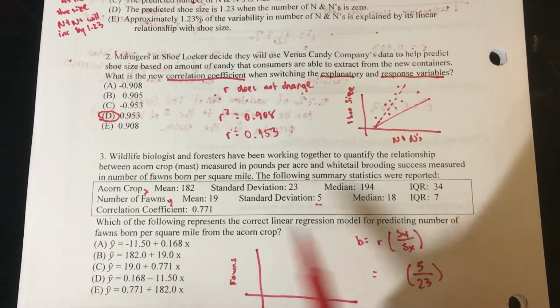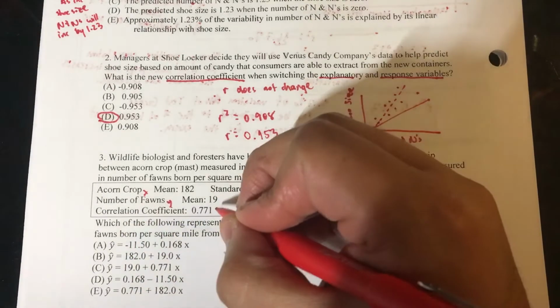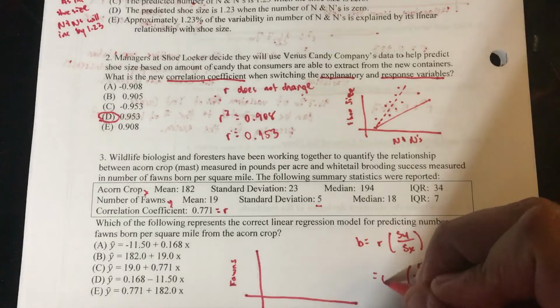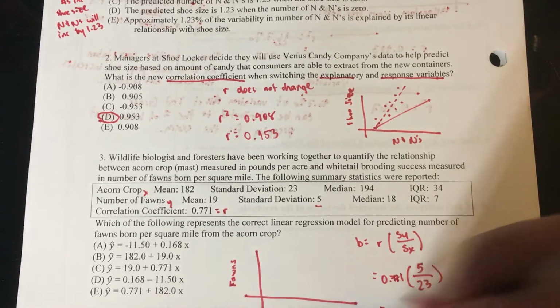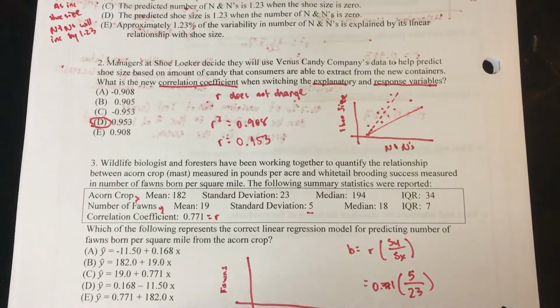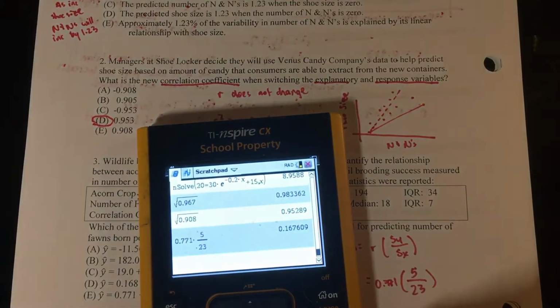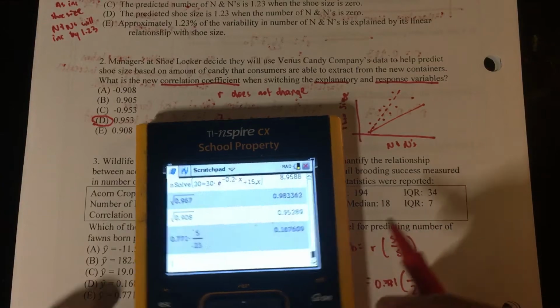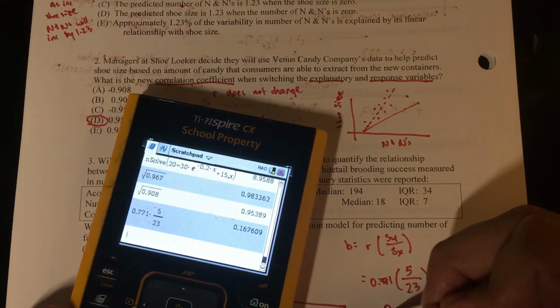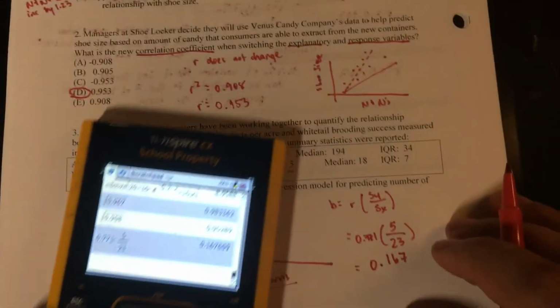And the r value, remember correlation coefficient is r, so this is r, 0.771. I'm going to go ahead and put that in the calculator, which gives me a b value of 0.167.